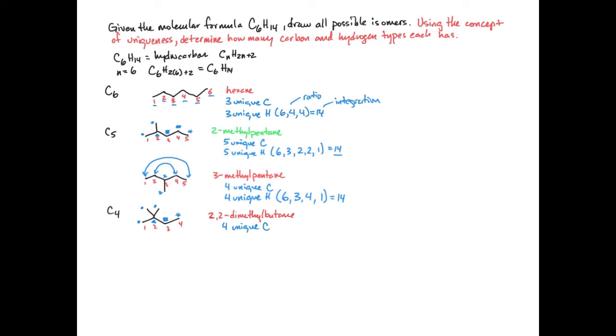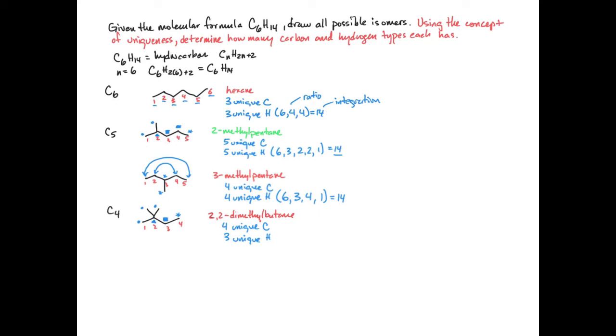So the answer for this one will have 3 unique type of hydrogen. And that's because if we look at carbon 2, that carbon is not bearing any hydrogens. So that immediately eliminates that as like a unique type of hydrogen. The methyl groups bonded to carbon 2.